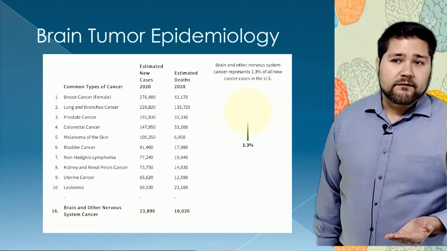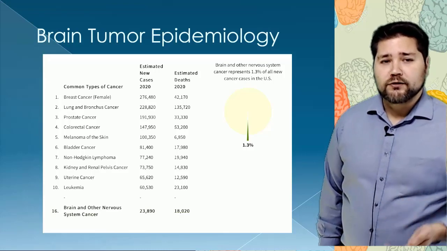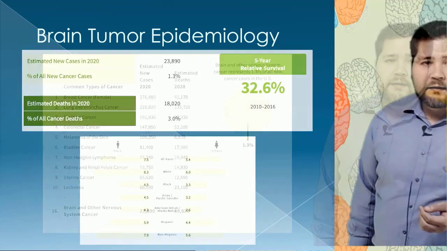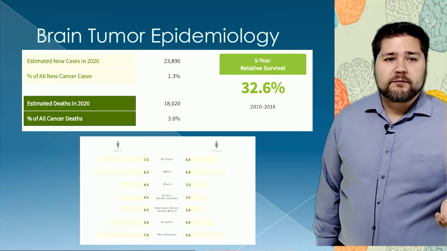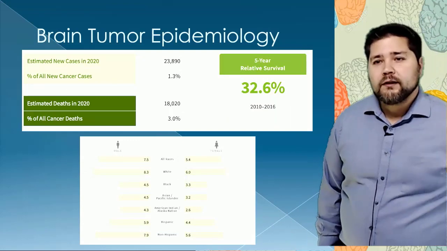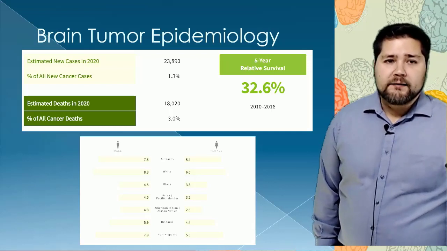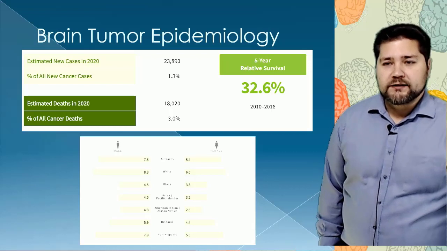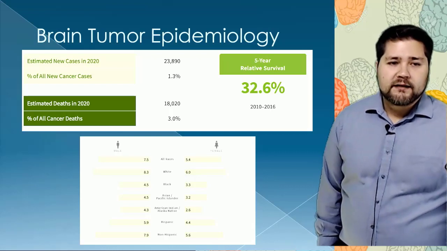And that could be a result of just the tumor itself, or again, some of those general concerns like the mass effects with herniations and vascular ruptures. So again, looking at the numbers, 1.3% of the new cases, but almost double the percentage for cancer deaths in this case. So definitely more deaths arising from brain tumors than actually occurring. And we look at a 5-year survival rate of 32%.